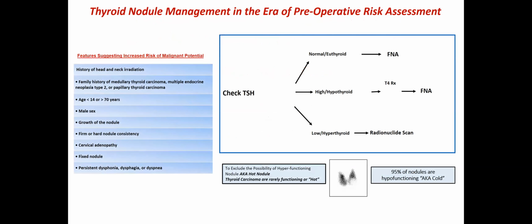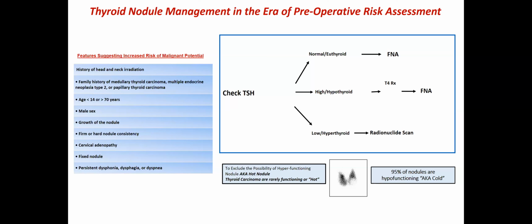So when you look at the preoperative risk assessments, naturally all these clinical features listed on the left-hand side matter. Again, family history is becoming more and more important, not just for medullary thyroid carcinoma, but also for papillary thyroid carcinomas. The serum TSH is actually the best indicator of which nodule to biopsy.